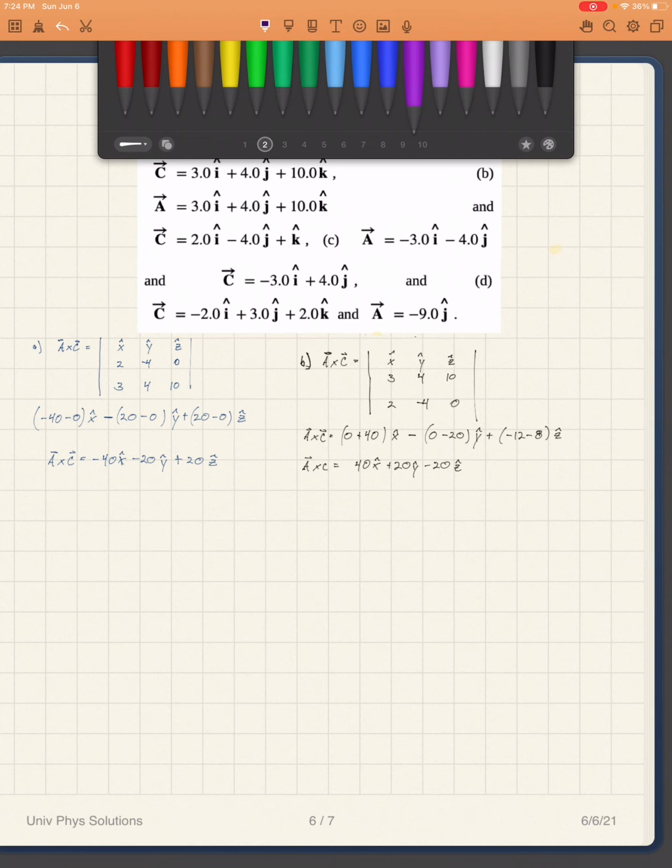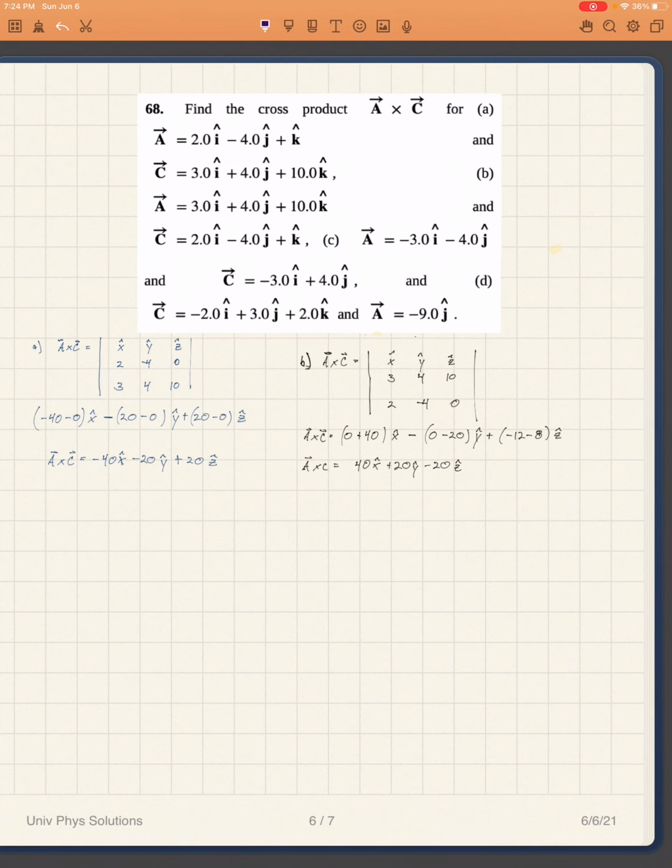Okay, for part C, I'm going to consider this as my vector A and this as my vector C. Now the only difference here is that you're not explicitly given the k components of the vectors. So that's okay, you just assume it to be 0.